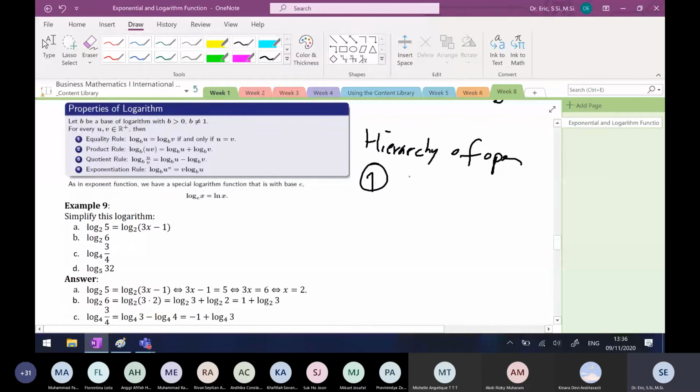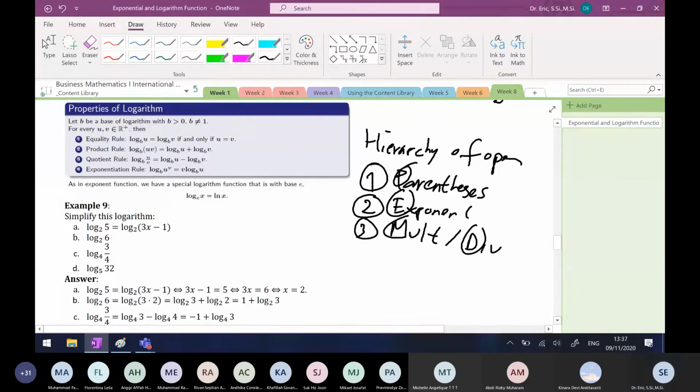My former student usually says PEMDAS: parenthesis, exponent, multiplication, division, addition, subtraction.